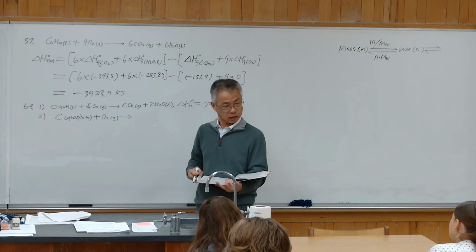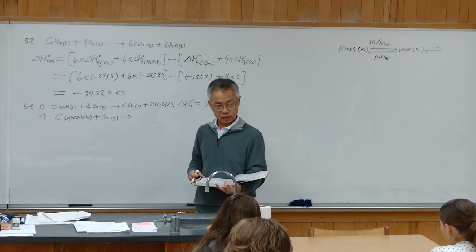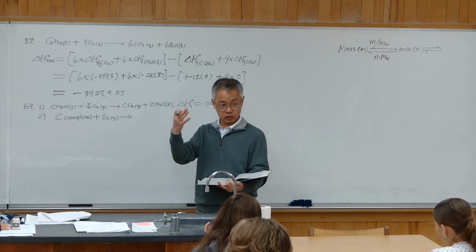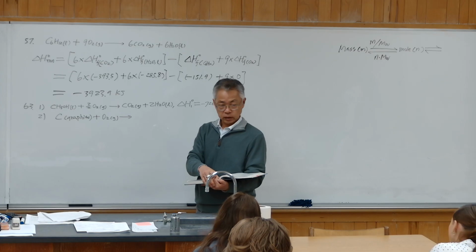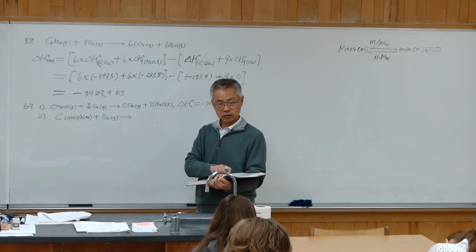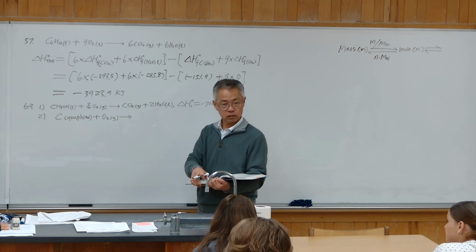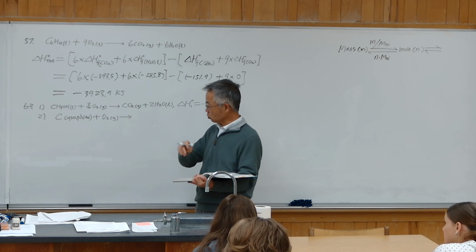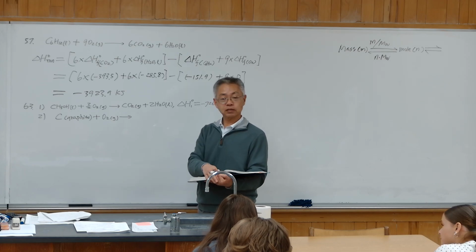Carbon as a free element has two allotropes, not isotopes. Isotopes are carbon-12 and carbon-13, with different mass numbers because of different neutron numbers in the same nucleus. Here we talk about allotropy, the different forms of the substance. Carbon's most popular form is graphite, like pencil lead, and the other is diamond.